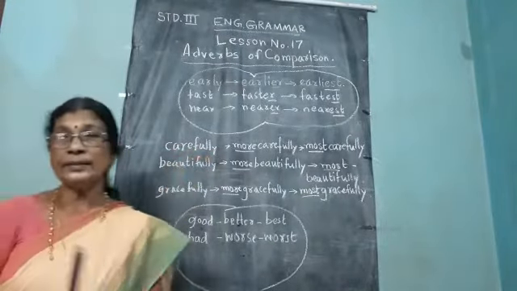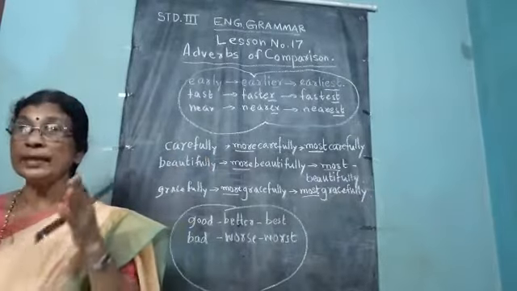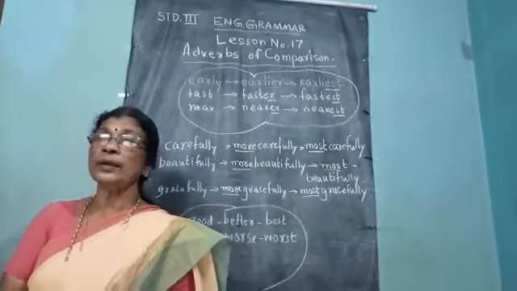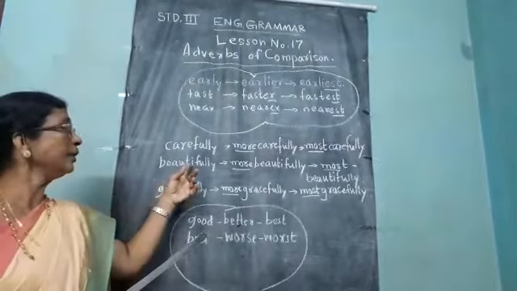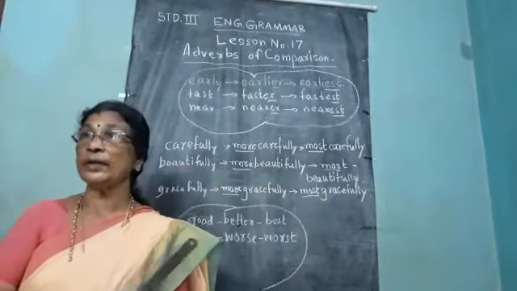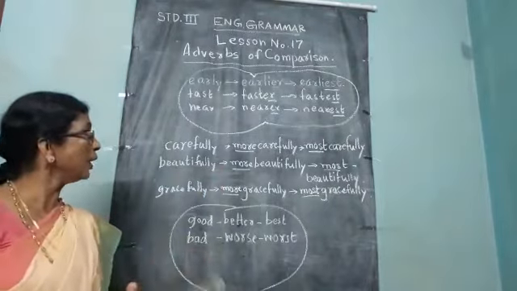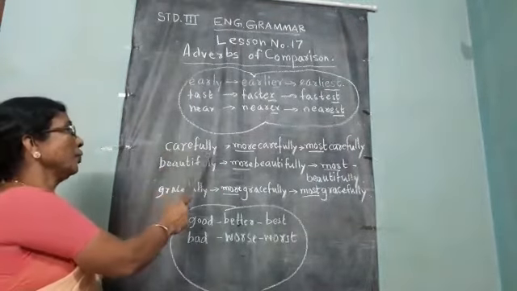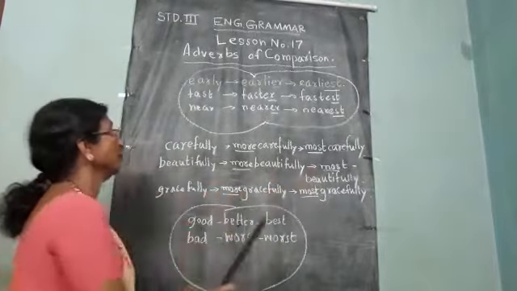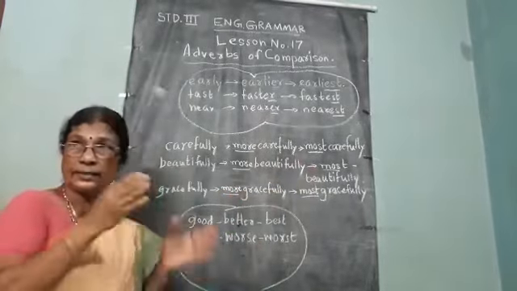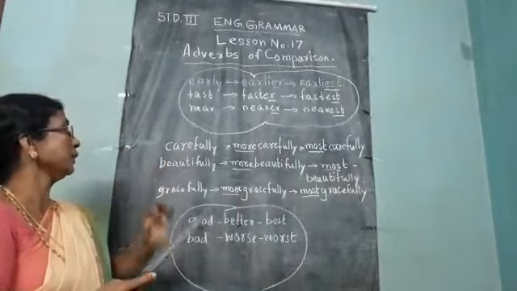I told you about a syllable. What is a syllable? The word is divided according to the vowels. That is carefully, more carefully, most carefully. Carefully is divided according to the vowels.